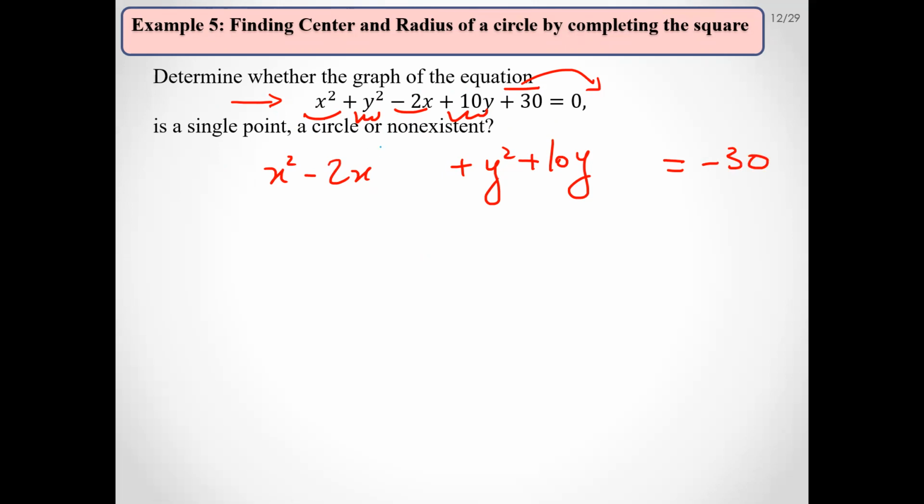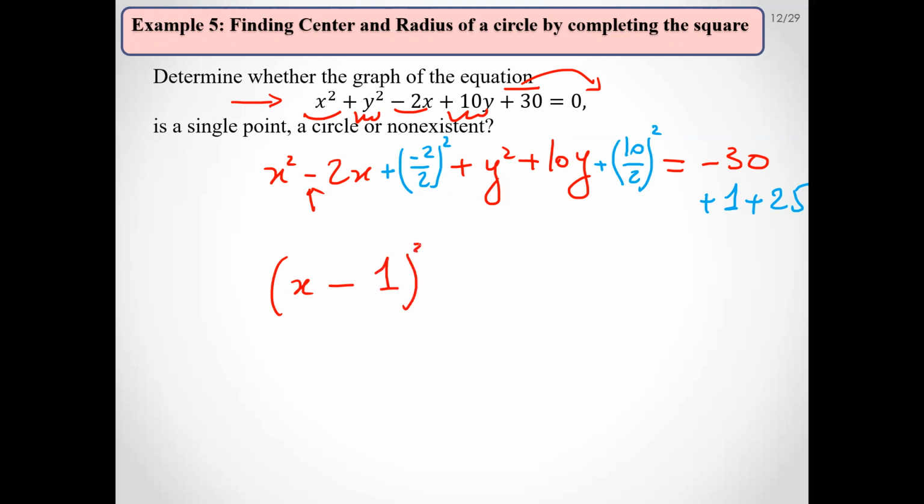We complete the square plus minus 2 over 2 all square plus 10 over 2 all square. ونضيفهم هنا. minus 2 over 2 يعني square 1 وهنا 25، 10 over 2 is 5، تربيع 25. إذا شو تصير عنا؟ تصير عنا x minus 1 square. هنا تحط minus ولا ما تحطها ما يخالف. y minus or plus هنا 5 square equals minus 4.